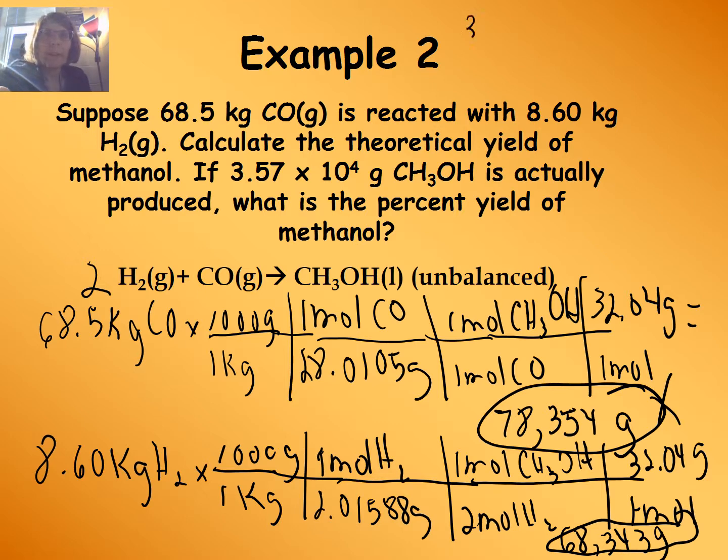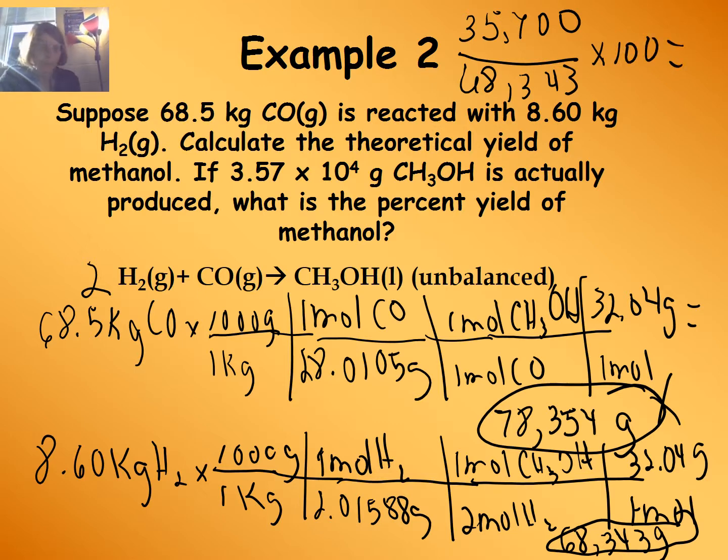So what we're going to do is take the 35,700 divided by the 68,343 times 100. That's going to give us our percent yield. So with 3 significant figures, it's 52.2%. And that's our answer. Okay, let's stop here.